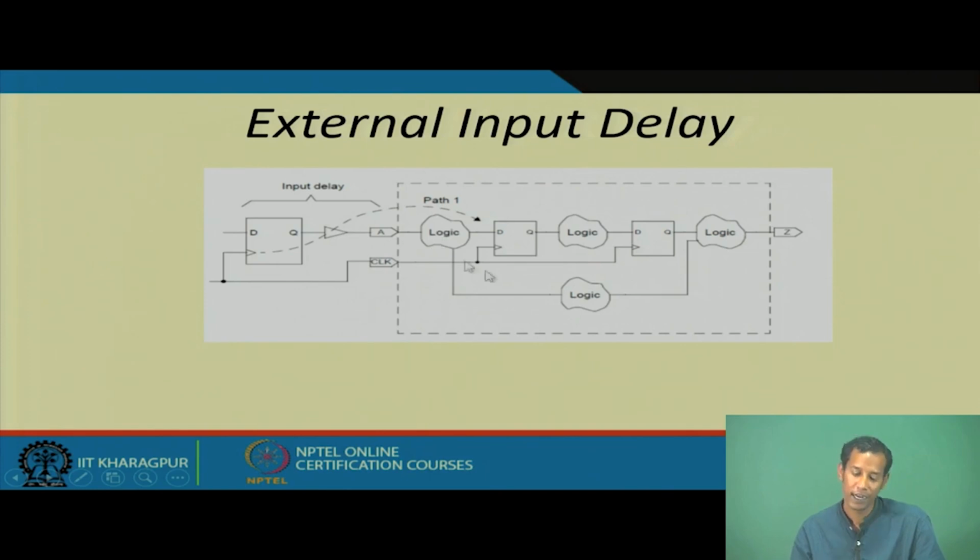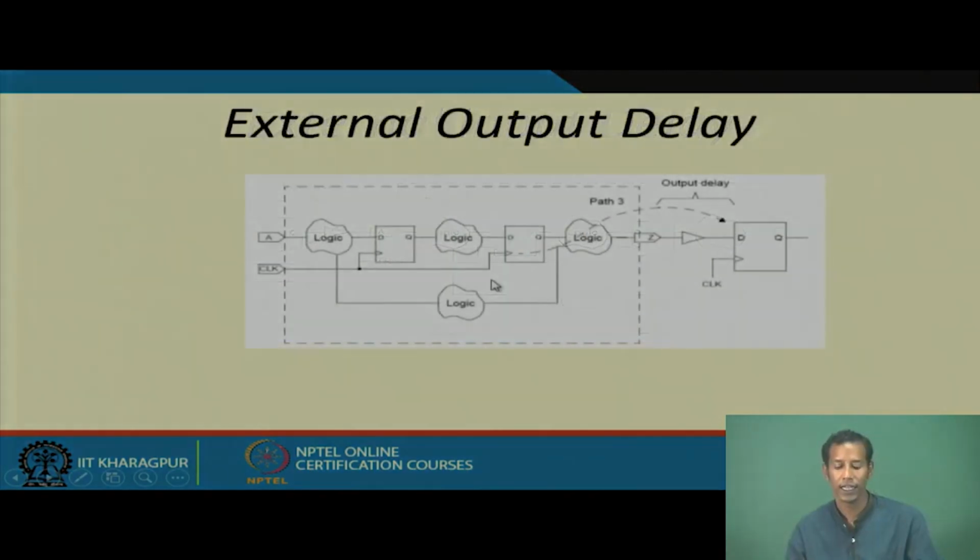Okay. So, the timing information of this particular path you have to set as the external input with respect to this particular clock. Then again you have to set the external output delay. The external output delay will be from the clock pin of your final registers to the clock pin of the output side.